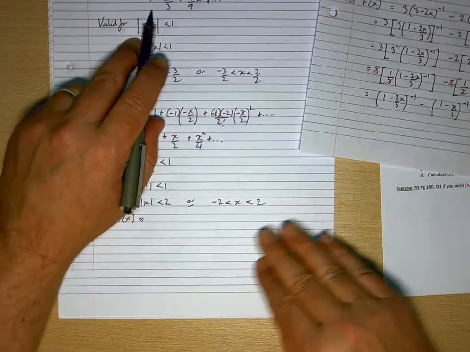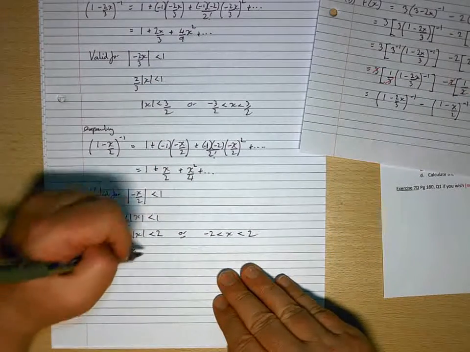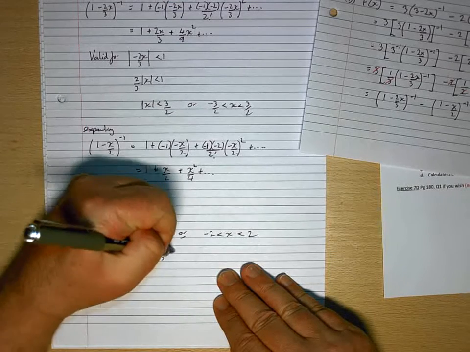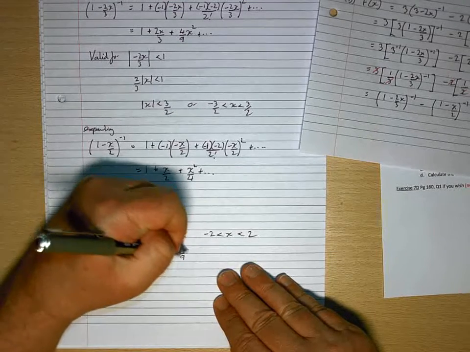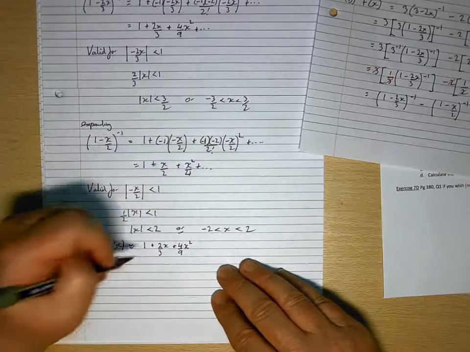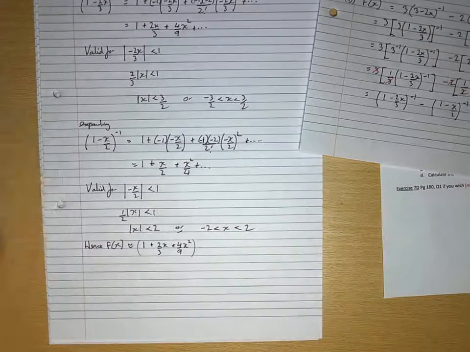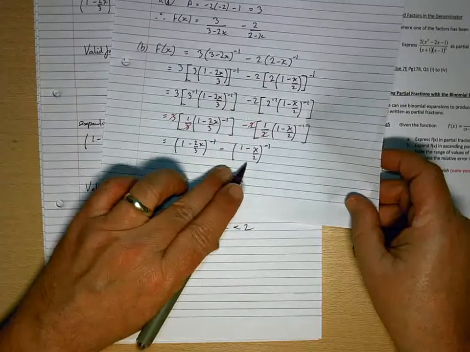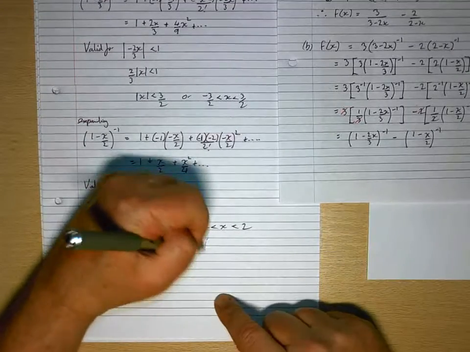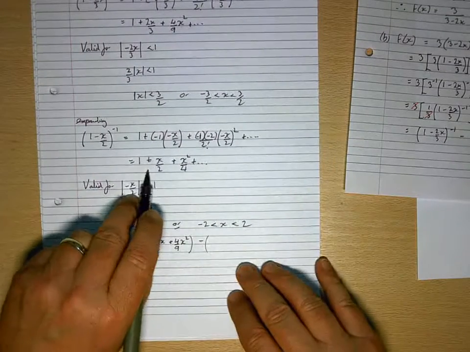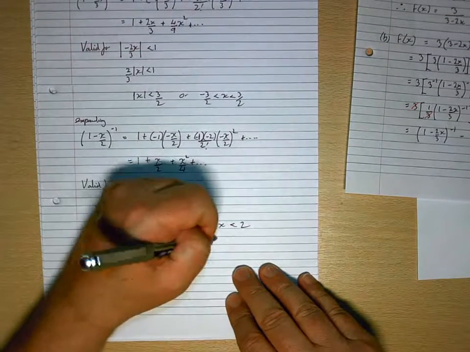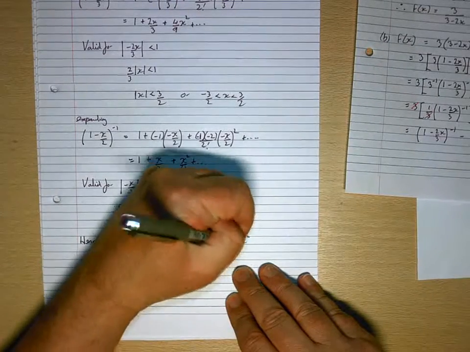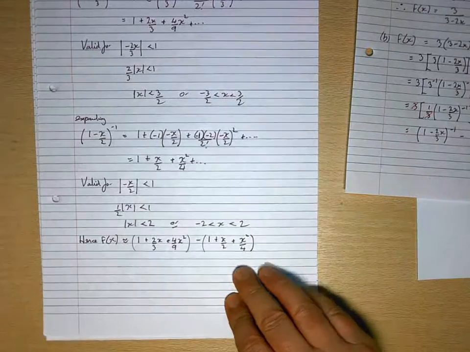So the first one is this: 1 plus 2/3 x plus 4/9 x squared, and I'll just group it in a bracket, minus the expansion of that. So minus this expansion, 1 plus x over 2 plus x squared over 4.